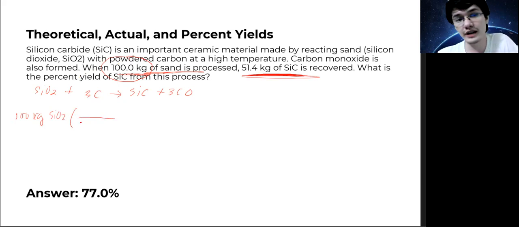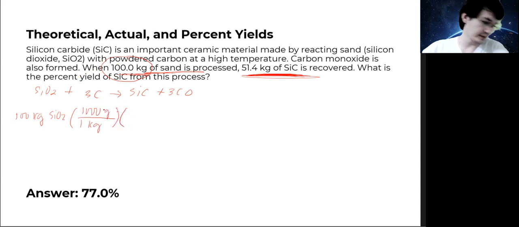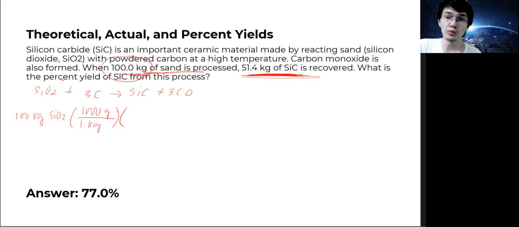We convert it to grams. Then, 2 moles of sand.